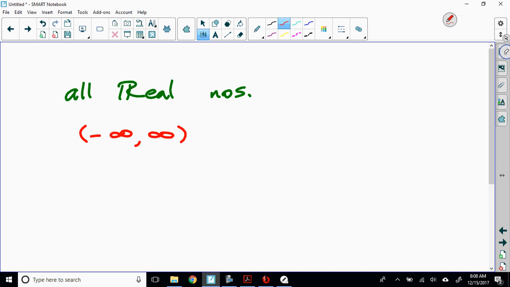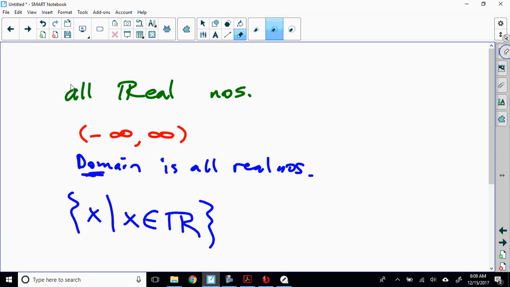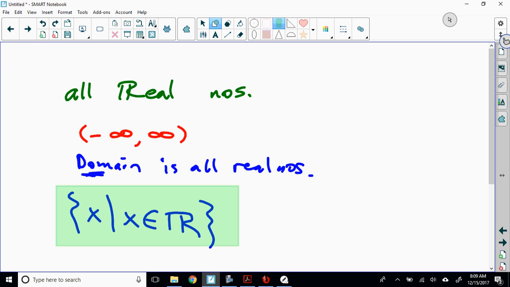Remember, the domain deals with the x, so it's the set of all x's such that x is an element of the reals. That's the language that is going to be used on the midterm, so make sure you're familiar with that.